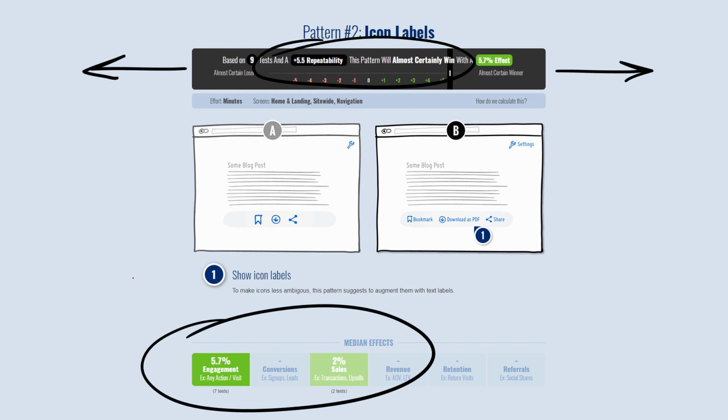All these numbers come from multiple experiments. The more winning, losing, and significant results we can combine, hopefully the more accurate this picture will become, as well as the predicted impact, which is gold for prioritizing experiments.